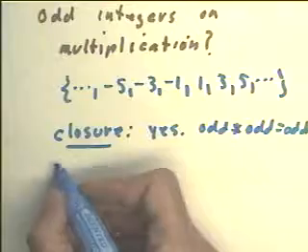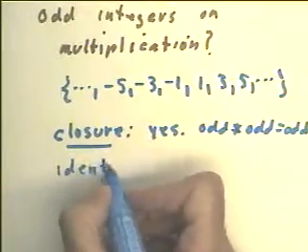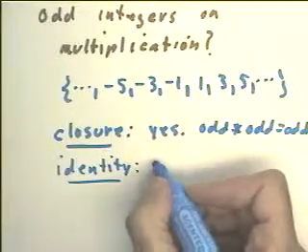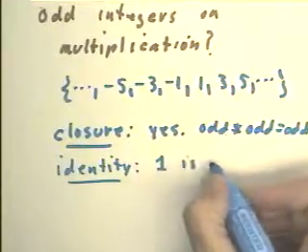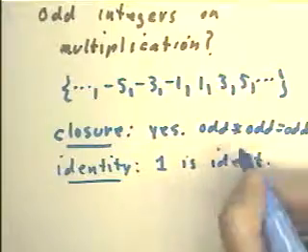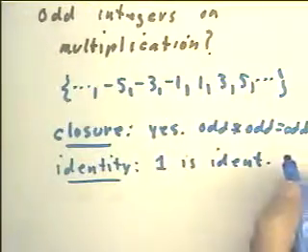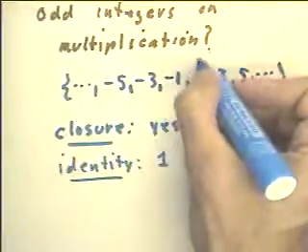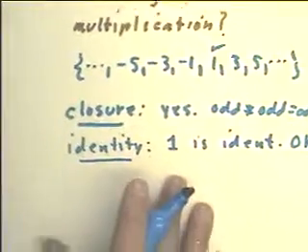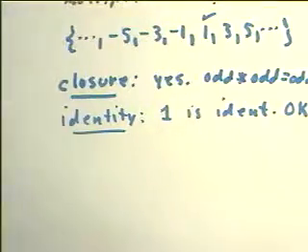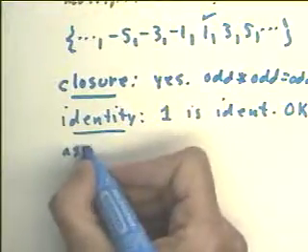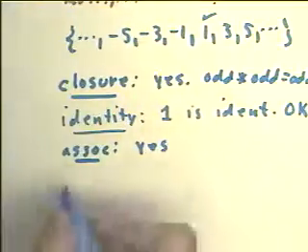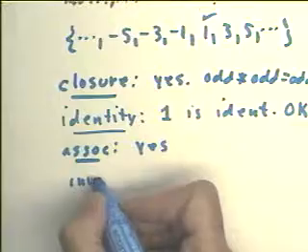Okay, do we have the identity? Yeah, 1 is the identity, and it's in the set, so that's good. 1 is right there. The identity is in the set. Okay, it's associative because multiplication of numbers is associative. What about inverse?